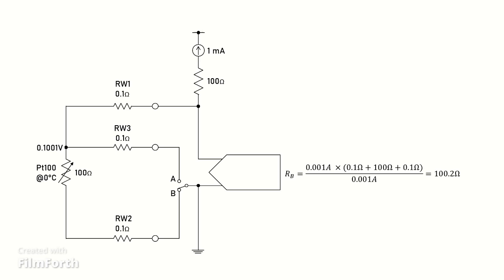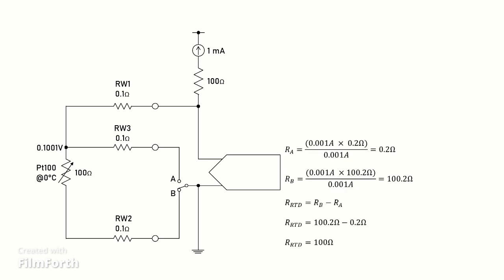Then the selector is set to position B, which sets the circuit to measure the resistance of RW1, RW2, and the RTD, all of which comes out as 100.2 ohms. We'll call this resistance B, or RB.